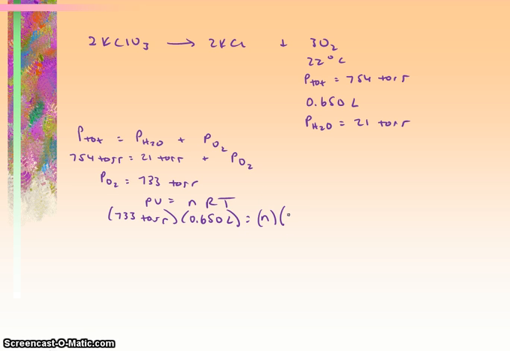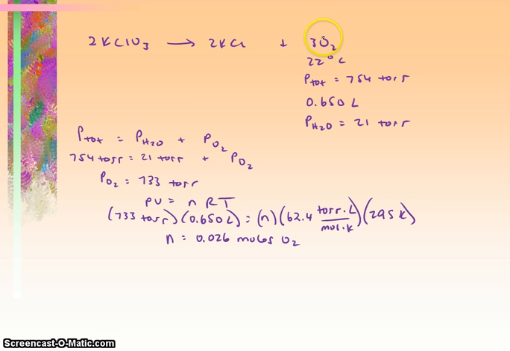We're going to use the R value that corresponds with torr, so 62.4 torr liter per mole Kelvin. And then our temperature is 22 degrees Celsius. We'll add 273 to that, and that'll give us 295 Kelvin. We can find out how many moles of oxygen gas we have. So we have 0.026 moles of oxygen gas.